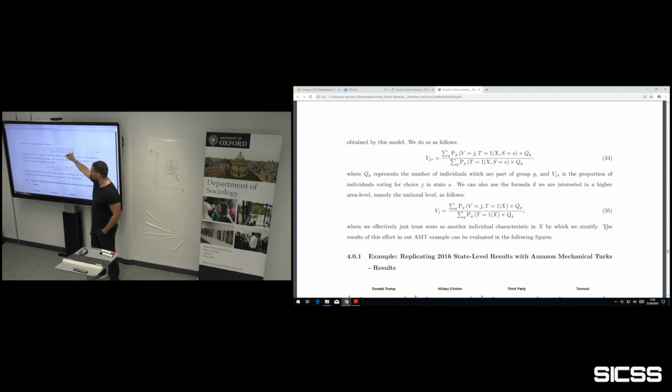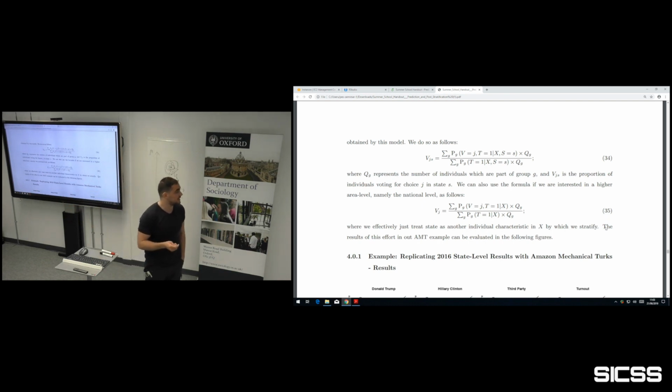QG is just the number of people in a specific cell G. PG is the joint distribution of voting and turning out in a specific cell. Then you sum over the categories up to S. Again, you sum over the categories for the specific state, and then you recover the area level estimate for each party.